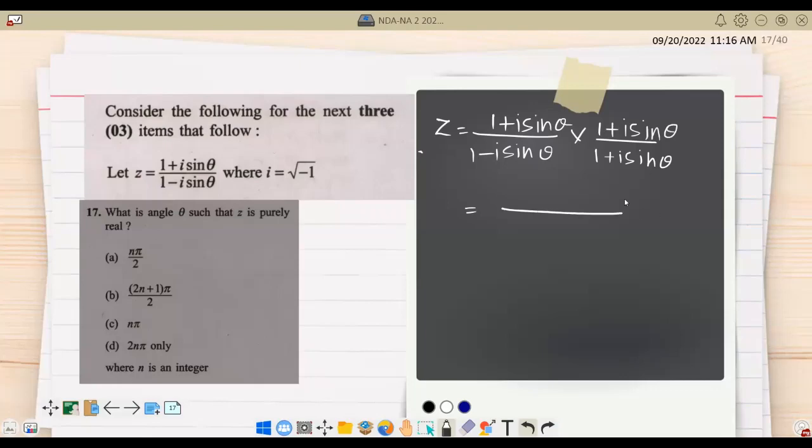You get, of course, (1 plus i sin theta) the whole square, which is 1 minus sin square theta plus 2i sin theta, divided by 1 plus sin square theta.